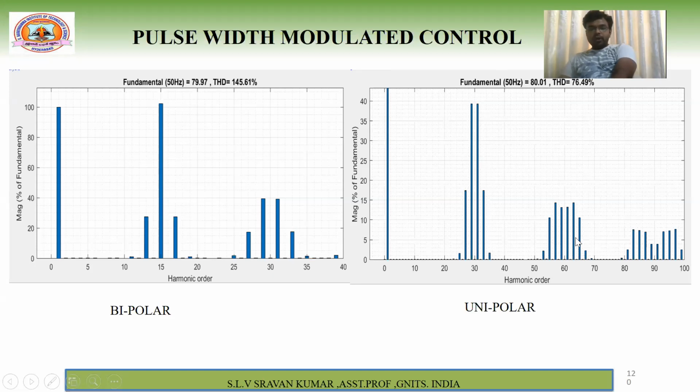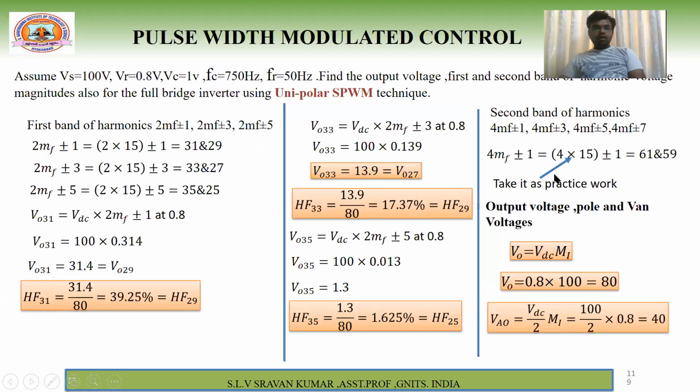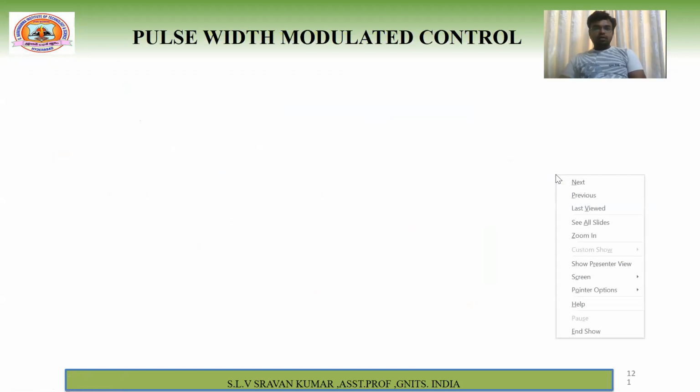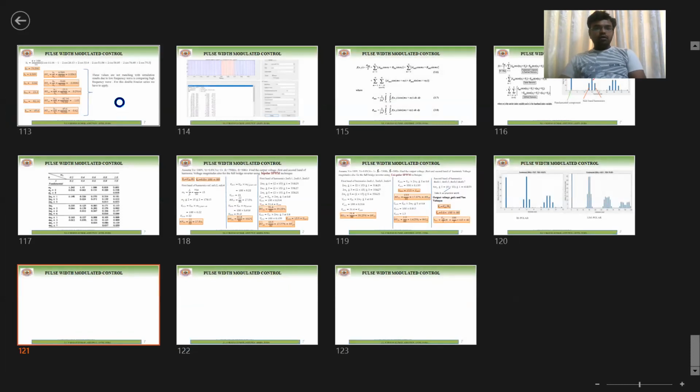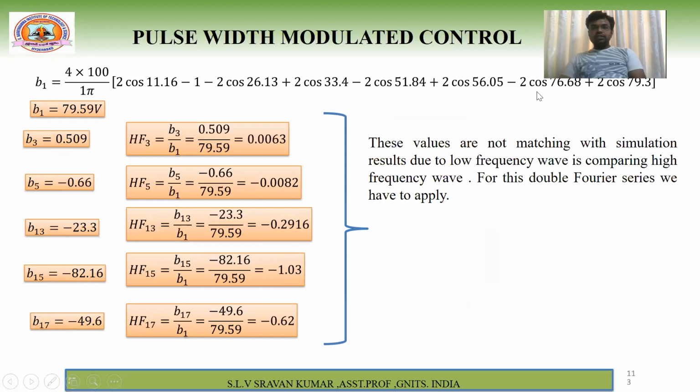And the major important point of today's topic, what I have discussed, I said clearly. Again, I want to say this important point. This Bn expression is valid only to find the fundamental component.